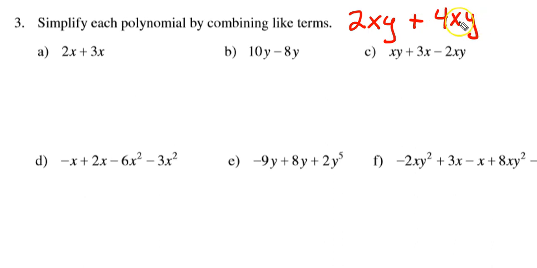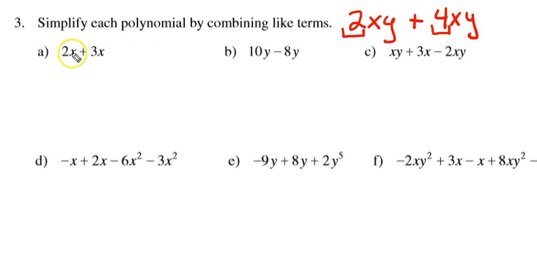Now they could be in different order, but as long as they're to the same power, these would be like terms. Now, when we combine like terms, and this goes back to chapter 2 somewhat too, we only combine the numerical coefficient. The variable portion stays the same.